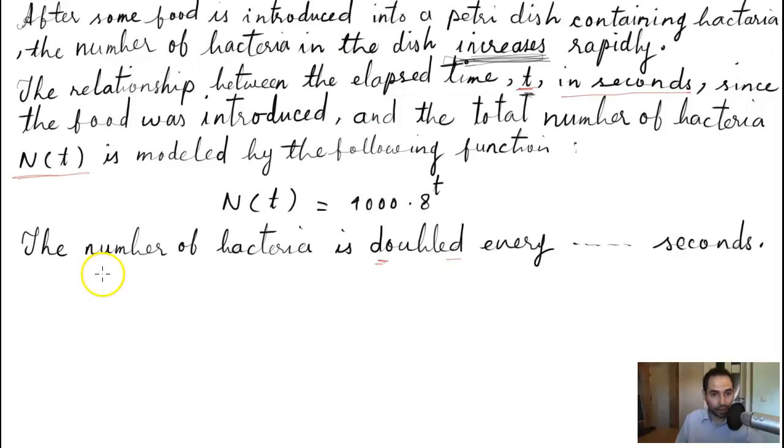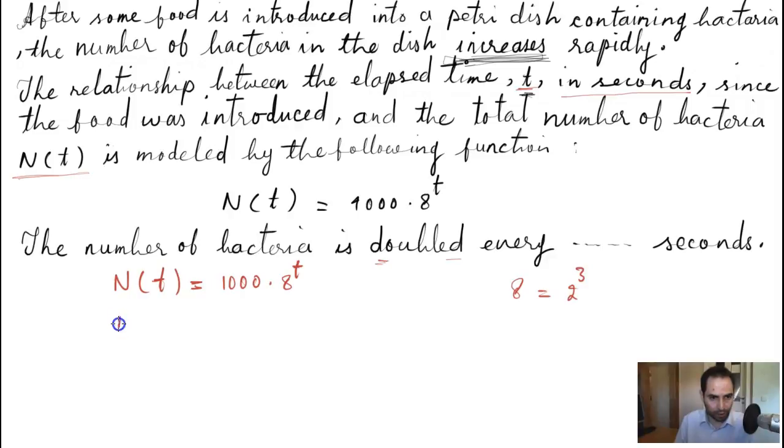So the relationship that I currently have is n of t is equal to 1000 times 8 raised to the power t. You know that 8 is equal to 2 cubed.